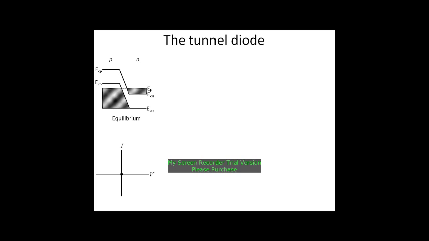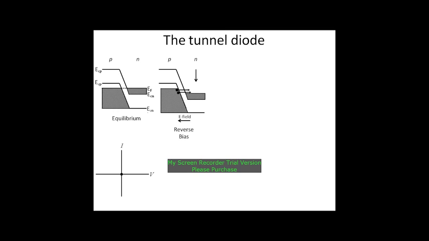There's no charge flow in this state because all of the electrons are in their lowest energy state. But if we go to a reverse bias, where the electric field is traveling to the left, the electrons want to move to the right.